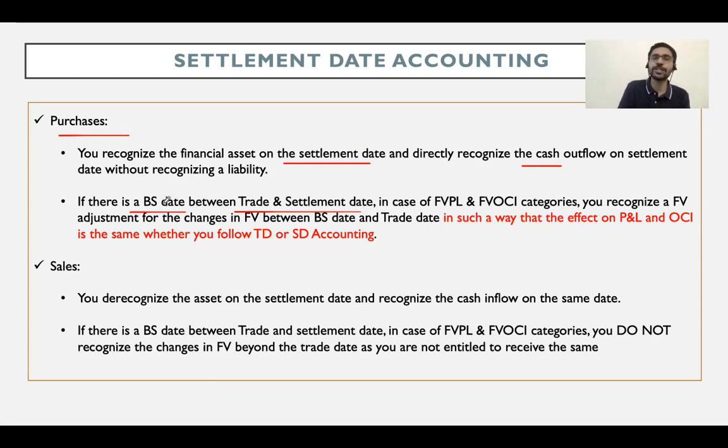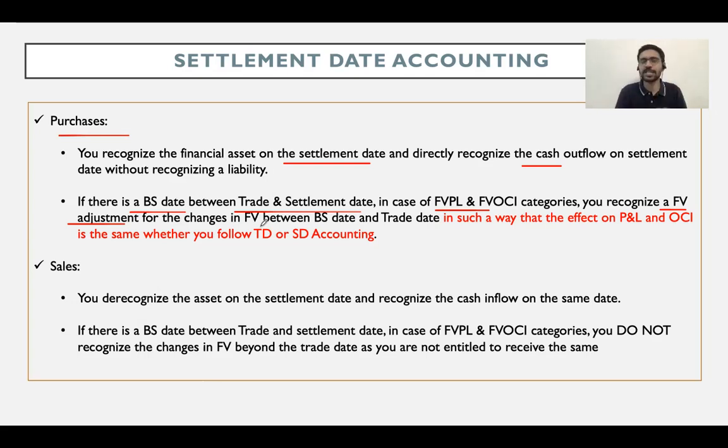Where you have such a balance sheet date between the trade and settlement date, and if the asset is classified either under FVPL or under FVOCI, then we recognize a temporary asset in the name of fair value adjustment, whereby I will recognize the fair value fluctuations that have happened between the trade date and the balance sheet date.